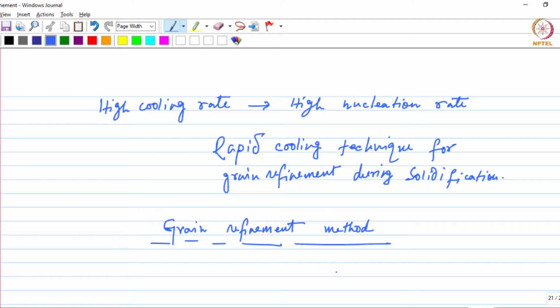Right. So what we have seen in the previous class, if you can provide a heterogeneous surface in terms of some solid particles which will remain solid in the liquid phase of the parent material, then you can actually increase the nucleation rate and refine the grain size.